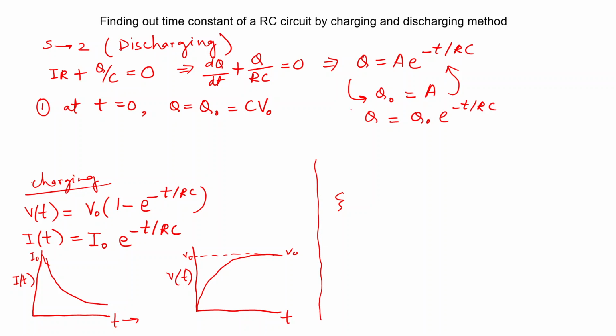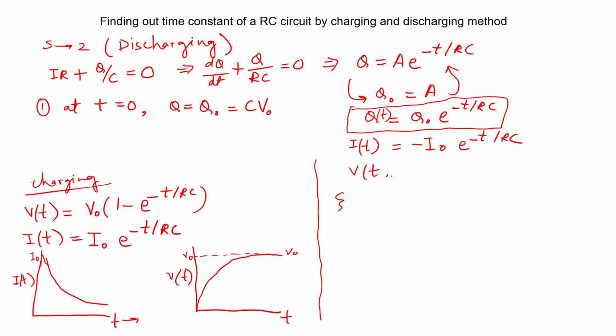For discharging, this is the charge at any time t. The charge on the capacitor is given by this expression. From this, we get the expression for I at any time t, which is minus I naught e to the power minus t over RC, and the voltage in the circuit is V naught e to the power minus t over RC.